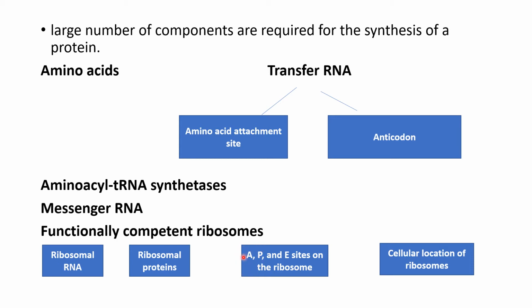This site is for the tRNA, which brings the new amino acid that will be incorporated into the polypeptide chain. The P site is for the tRNA which contains the growing polypeptide chain, so it is the peptidyl attachment site, while the A site is the new incoming amino acid site.